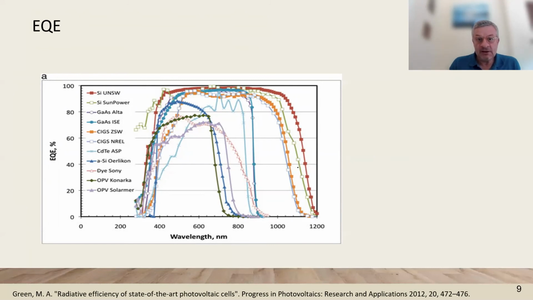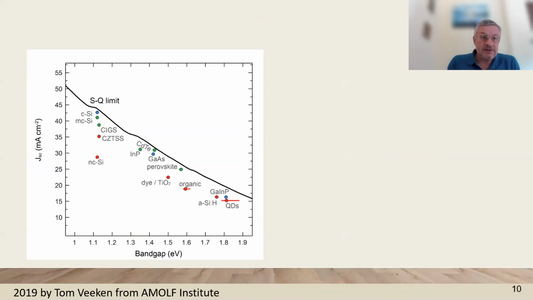The final wavelength depends essentially on the bandgap of the given technology, but then it will depend also on the absorption coefficient, etc. So by integrating the solar spectrum, we can obtain an ideal limit of the photocurrent, so that at 1 volt it is about 47 milliamps per centimeter square, and then we can see how the different technologies realize this limit, so that some of them, like crystalline silicon or gallium arsenide or the perovskite, go very close, so that they harvest very well the solar spectrum.